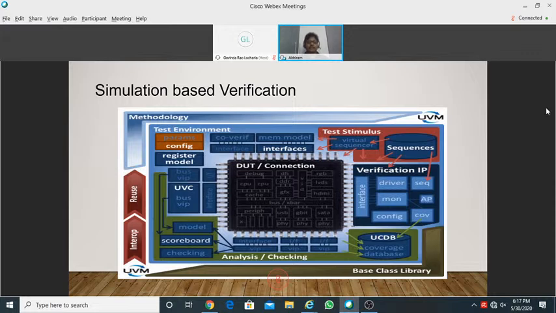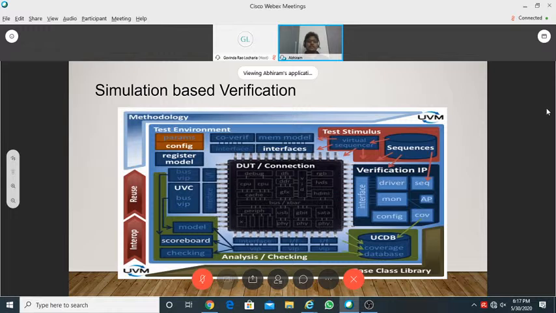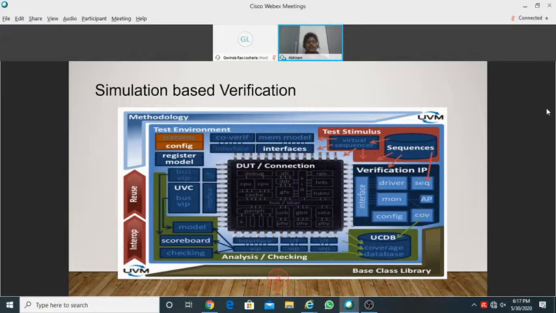This environment you see is basically a simulation based verification environment, and the black box you can think of as the design, the DUT, which we call the design under test. So that is where our design actually is.